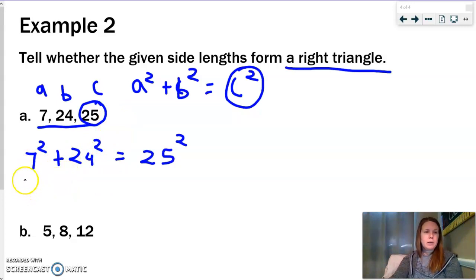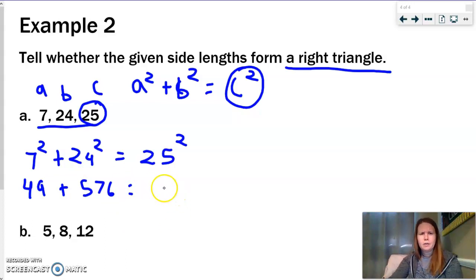Now, I know 7 squared is 49, but 24 squared, I don't remember. 576. And then I got to figure out what 25 squared is. I think that's 625. Yep. Now, really, we've got answers on both sides, but we got to know, does this actually work? Are they going to equal each other?